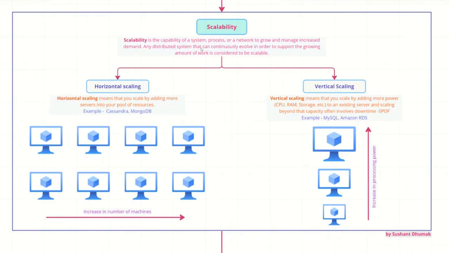Any distributed system that can continuously evolve in order to support the growing amount of work is considered scalable. We already saw, when we were discussing fault tolerance and resilience, that we put our web servers under an auto scaling group. What is an auto scaling group?